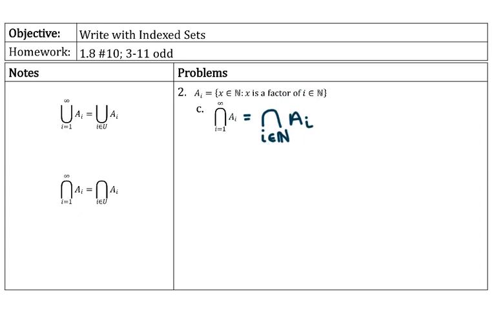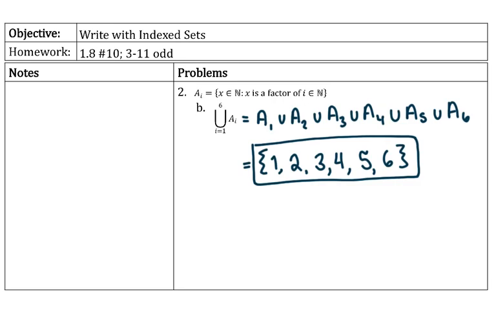Now here you can absolutely try writing all of these out, but there's going to be infinite and it's going to kind of be terrible. So what you can do then with a lot of these infinite ones is you want to use your logical thinking skills to be like, okay, what element was in every single one of these? And if you think about this first example, we had 1. This one would have been 1, 2; 1, 3; 1, 2, 4; 1, 5; 1, 2, 3, 6.